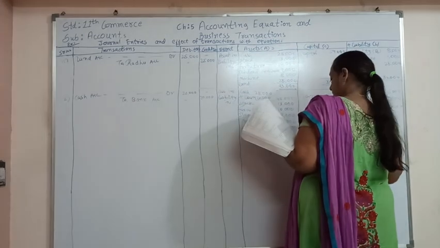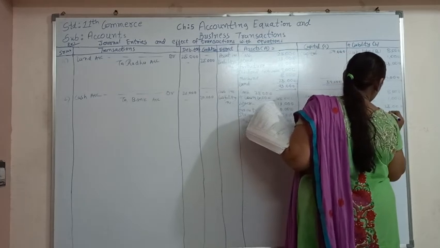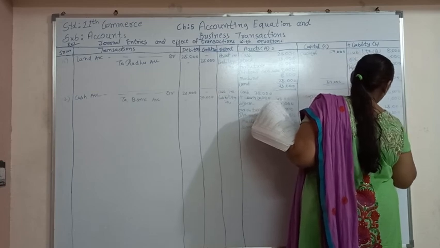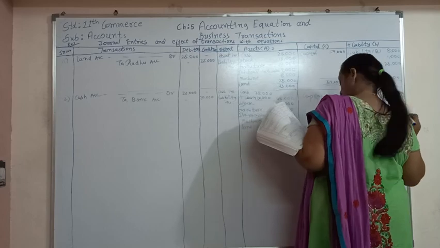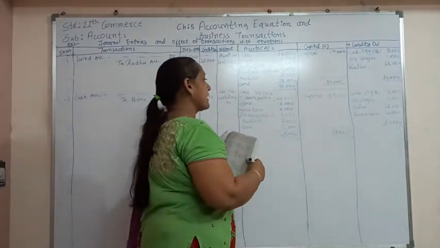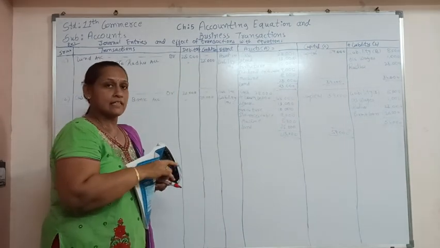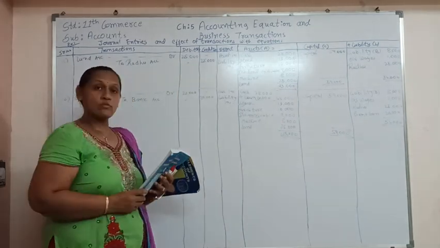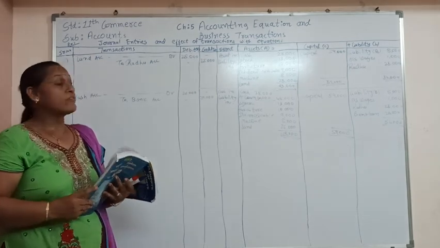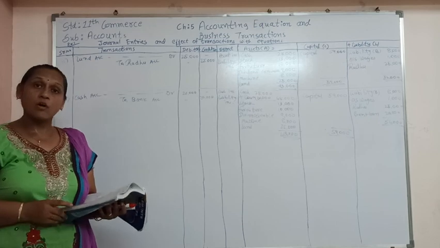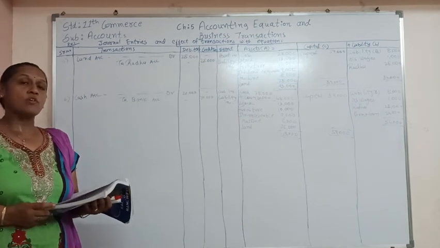And here the bank loan, that bank loan is of rupees 20,000. So total of this will be 54,000. So here again we can see that 59 plus 54, it will be 1,13,000. So here A is equal to C plus L. So this is how we are supposed to solve the sum when they are asking us to solve the sum according to accounting equation. Thank you students for watching this video.